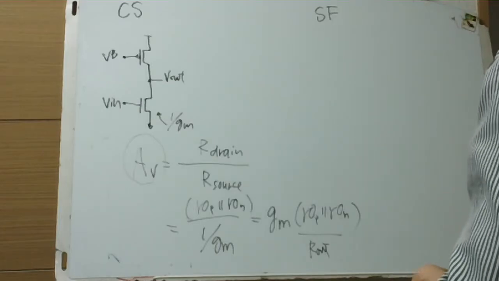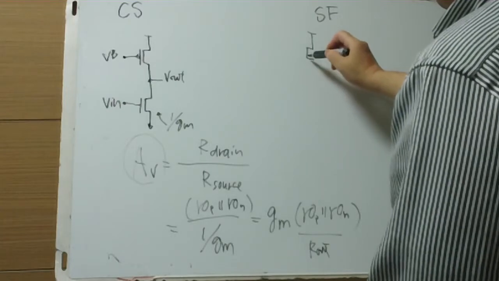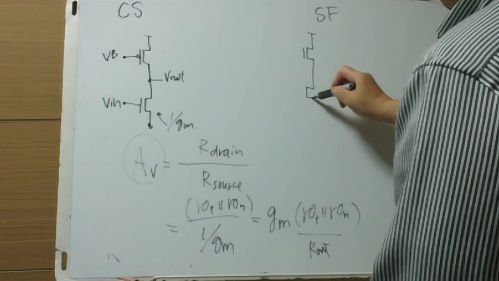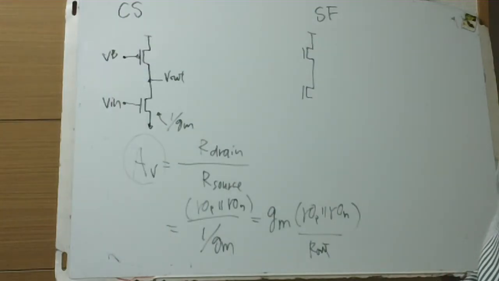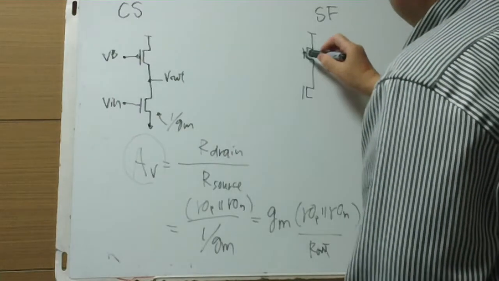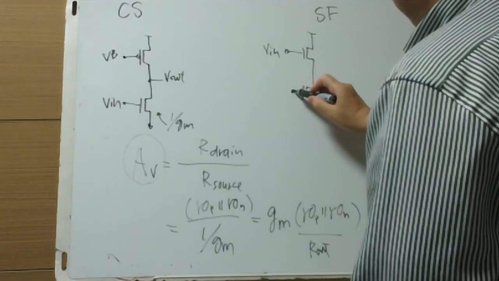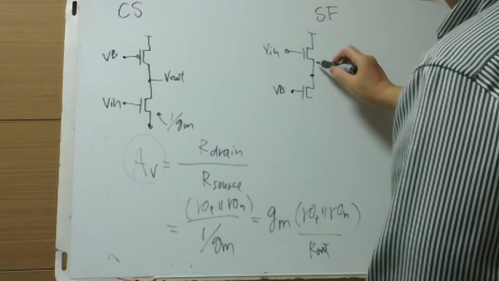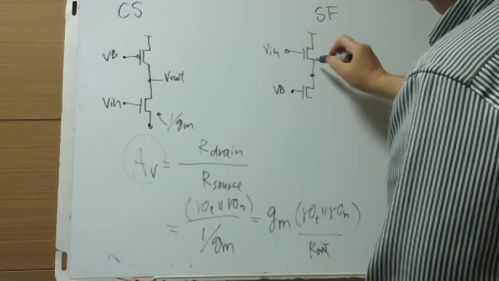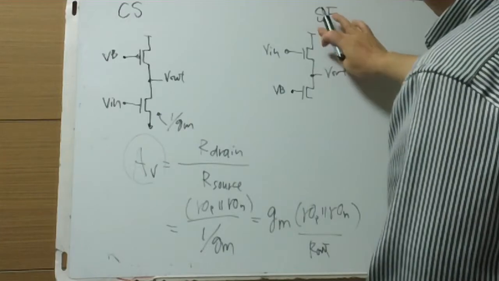But things are not so easy. Things don't go like that every time. This is the input for the source follower, this is some bias VB, this is the source of the input NMOS, and this is Vout, VDD, and ground.